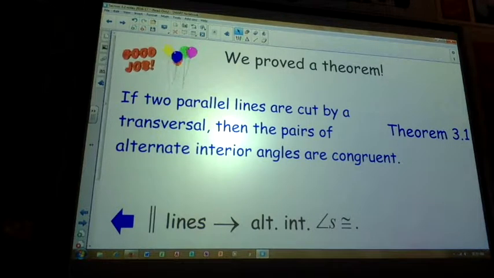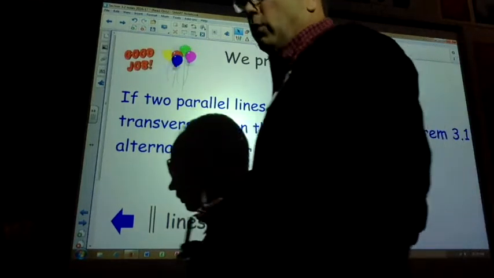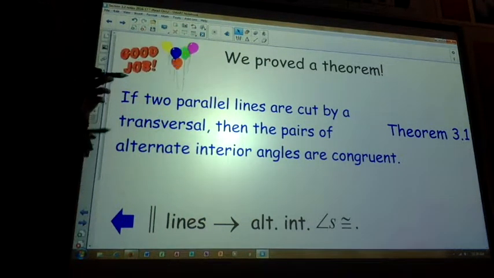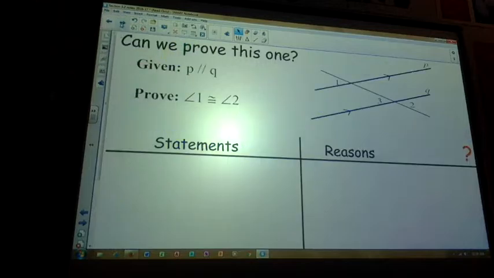So you can put on a proof theorem 3.1 if you know it as that, or you could just describe it as alternate interior angles. What would I prefer? I would say that knowing theorem 3.1 doesn't match up with textbooks, so it's better if you knew the concept versus just giving me the thing. But I'm not going to mark you wrong if you go 3.1.